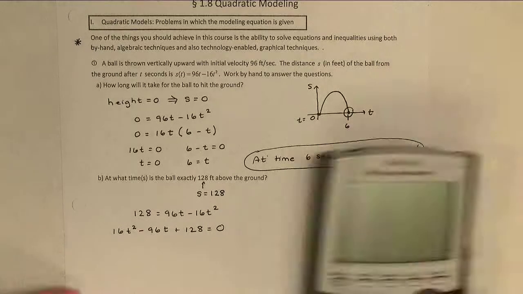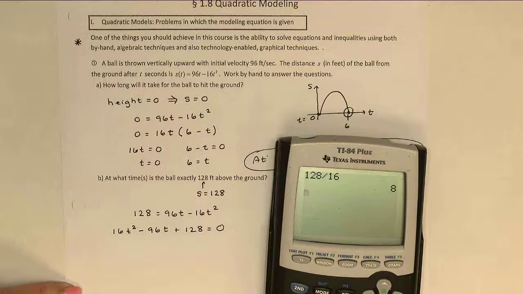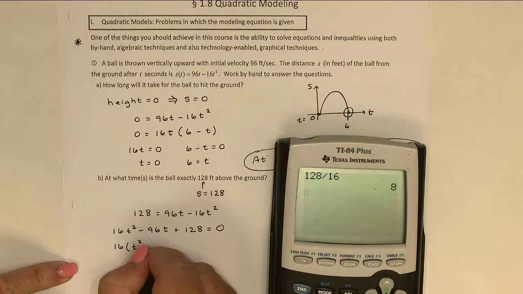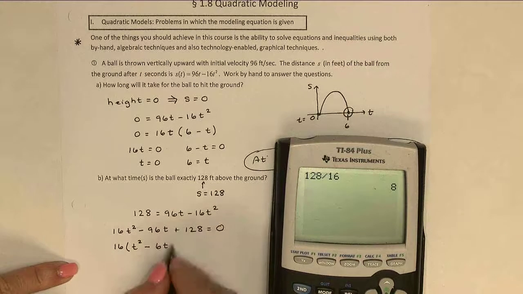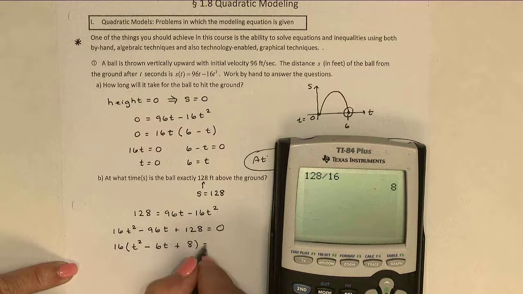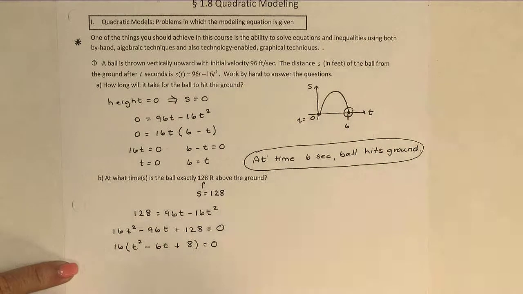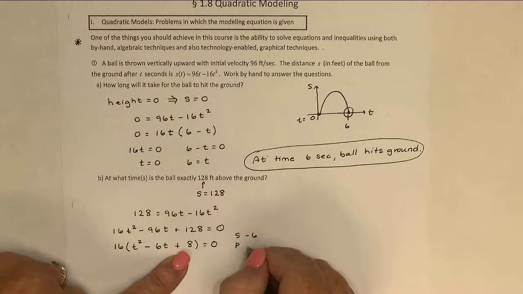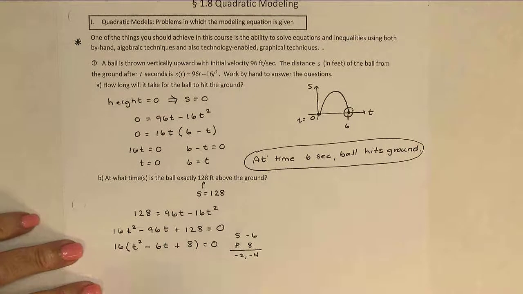I think I can still factor out a 16. Let's just double check that before we do. Yeah, 128 is divisible by 16. And that makes that t squared minus 96 divided by 16 would be 6t plus 8. If I continue to factor this, looking for a sum of -6 and a product of 8, I'd be looking at -2 and -4 there.